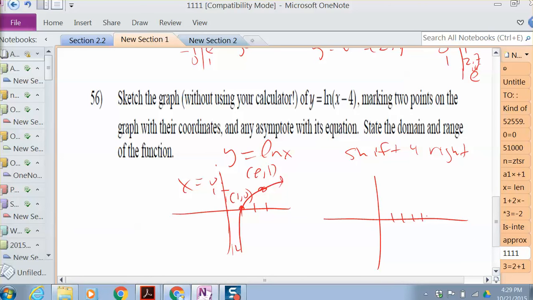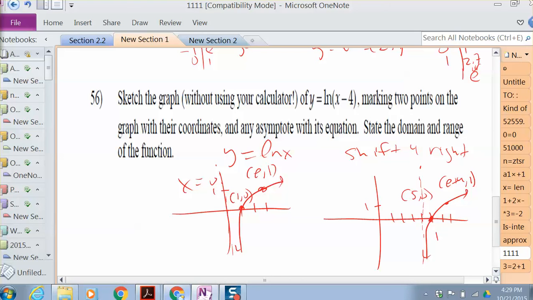So instead of 1, 0, now we have 5, 0. And instead of e, 1, we're going to have e plus 4, comma 1. And we have a vertical asymptote at x equals 4 that also shifts. Now e plus 4, e is 2.7, so that's 6.7, comma 1. It's just like that. So you just use your transformations, understand how logs work.